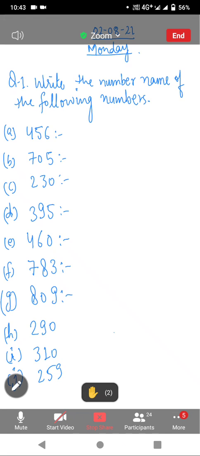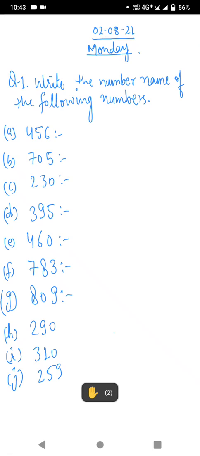Okay, students, copy these questions and write number names for these in your notebook.